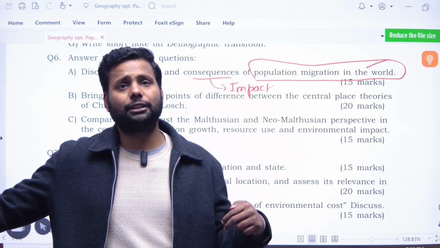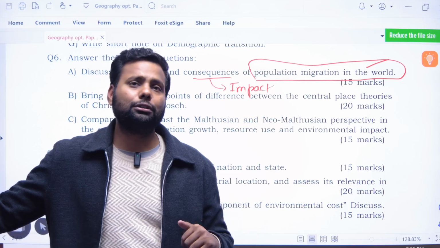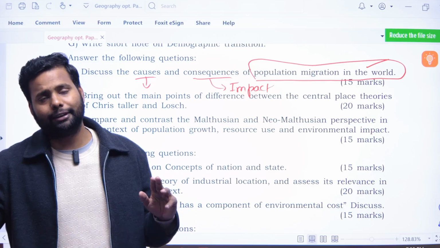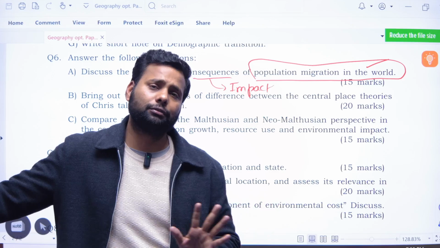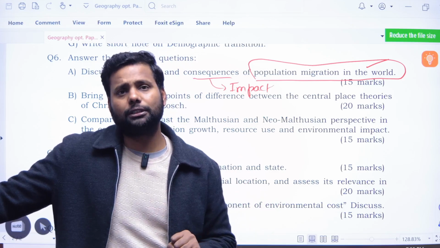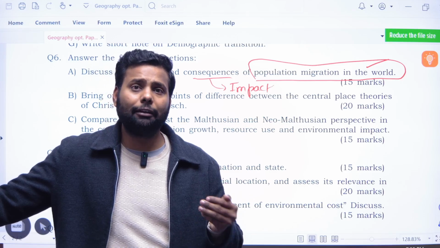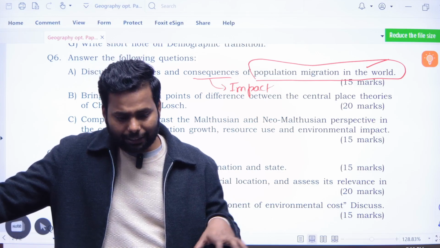One is emigration, and the other is immigration. And migration happens because of two factors: one is a pull factor, one is a push factor. Push factors are where people do not want to migrate but the situation forces them, where people are not safe to stay and are in a dilemma.